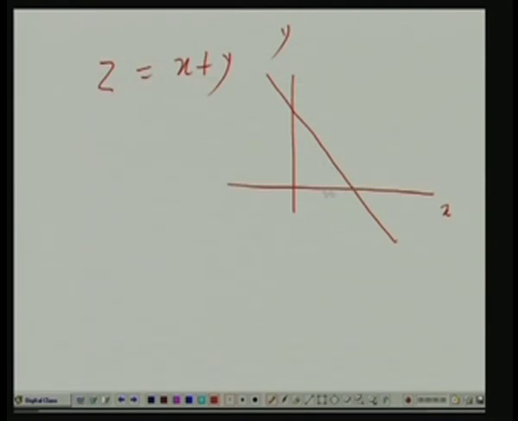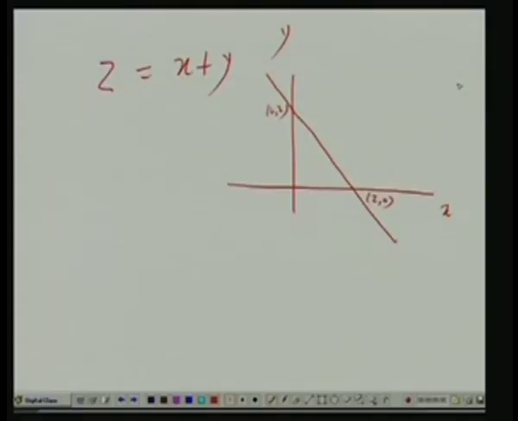That means this point is (z, 0) and this point is (0, z). So, this intercept from the origin to this point is equal to z and this intercept also is z. As you slide this line further to the right, the value of z increases because the intercepts increase. So, actually it is like a slanted plane going like this.